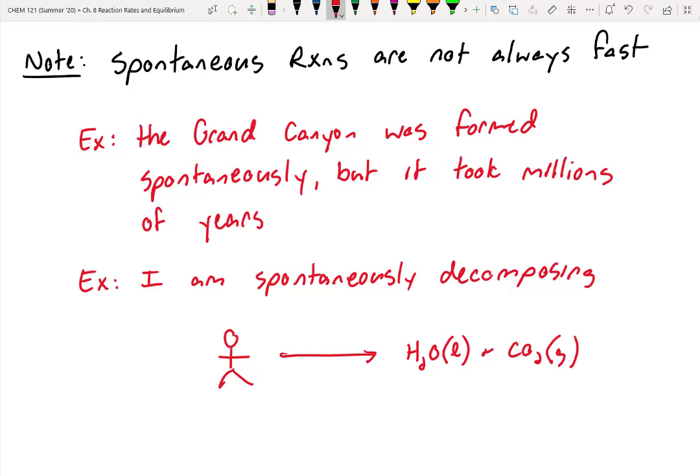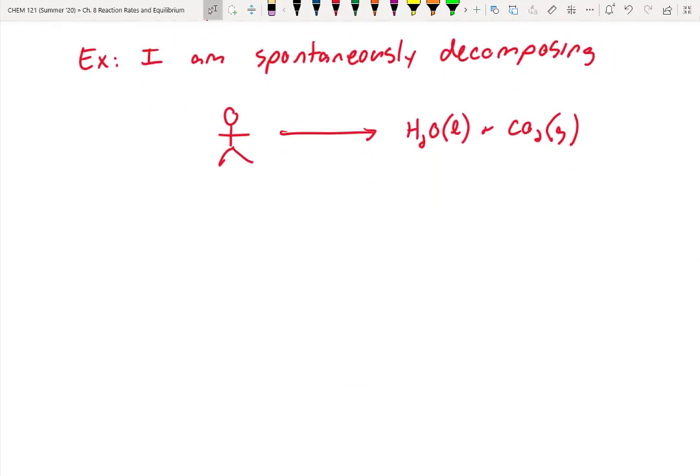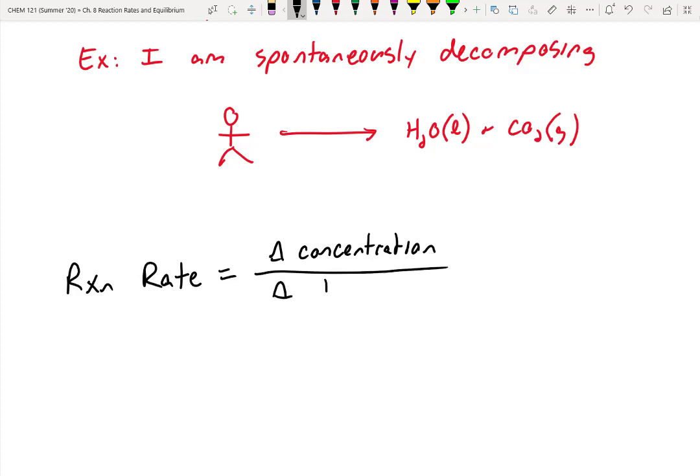All right. So how do we measure rate? It's pretty easy. Reaction rates can be measured by measuring the change in concentration of a product over a change in time.